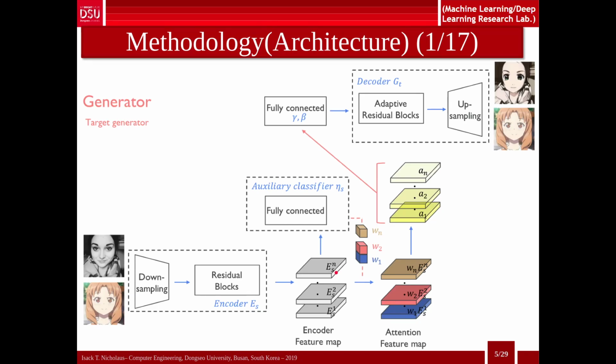Let's go to the methodology of this paper by starting with the model architecture. As we know, in this work they also use a GAN approach, so we have two kinds of networks: the generator and the discriminator.